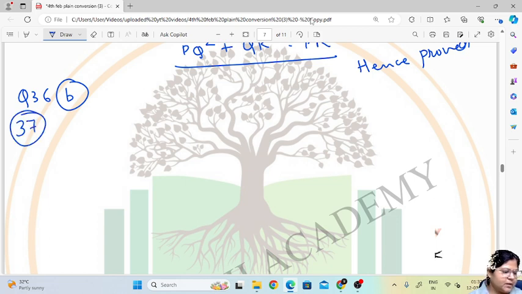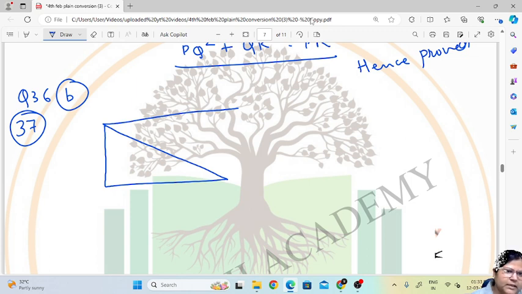37th. From the top T of the tower TP, let us draw the figure. A man finds an angle of depression of a car at a point C on the ground to be 30 degree.